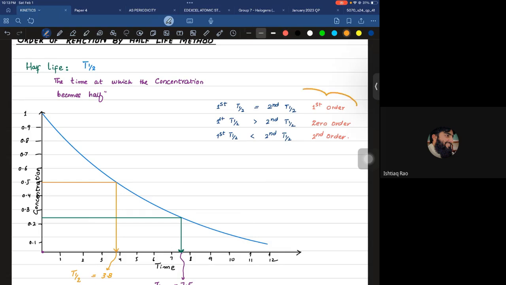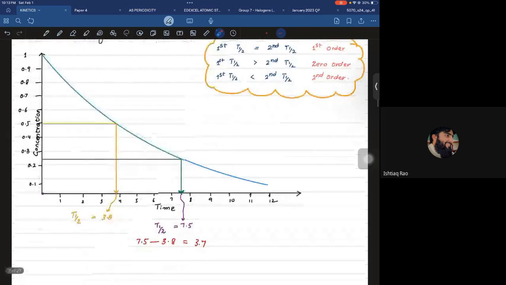Okay, this is your second order reaction. So this is very important because it would help you a lot in finding the order of reaction. So you would be calculating the half-lives.